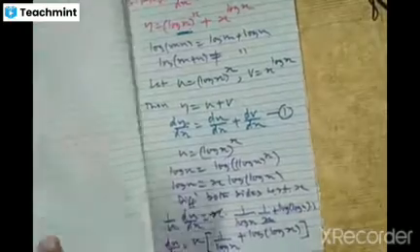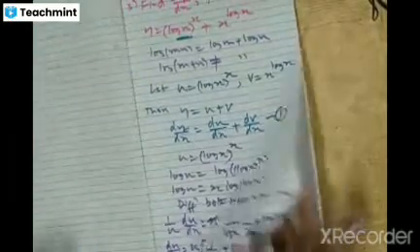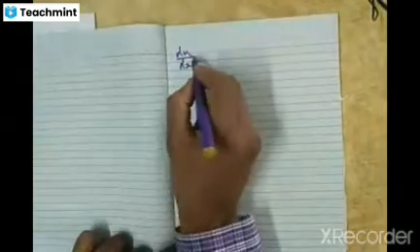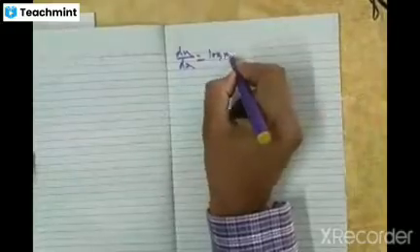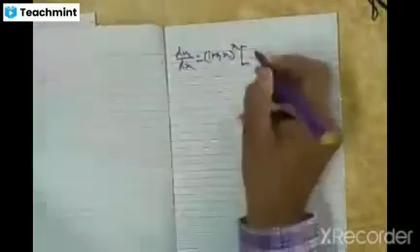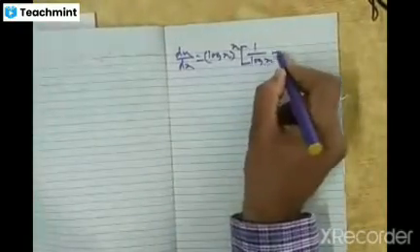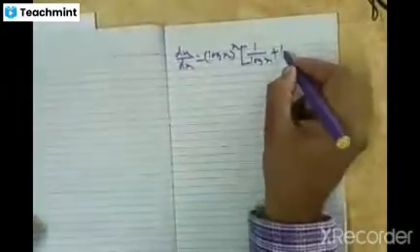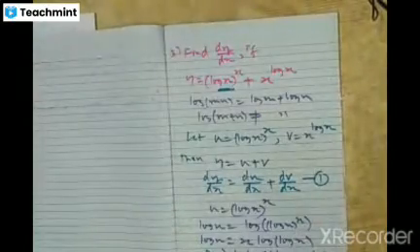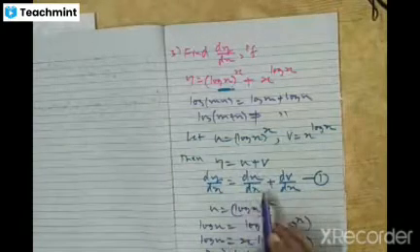So du by dx is equal to (log x) whole per x into (1 by log x plus log of log x). Okay, take this as equation 2. We have found du by dx.